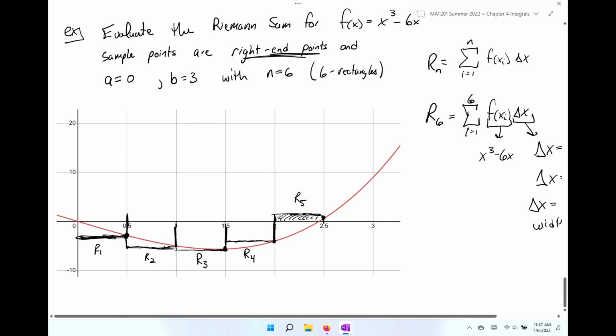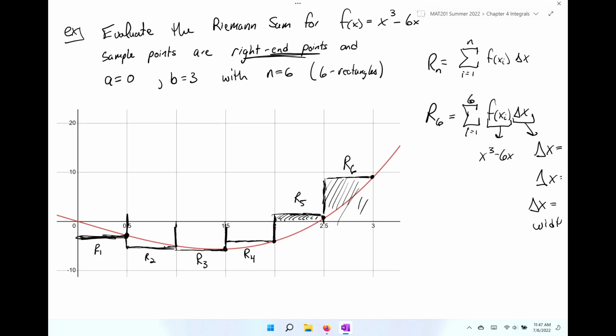There's R5. And there's R6. And the reason why I wanted to shade R5 and R6 is because I wanted to demonstrate that these two rectangles are above the x-axis. Now, we are going to get a net area here. All right, so just be aware of that, okay?